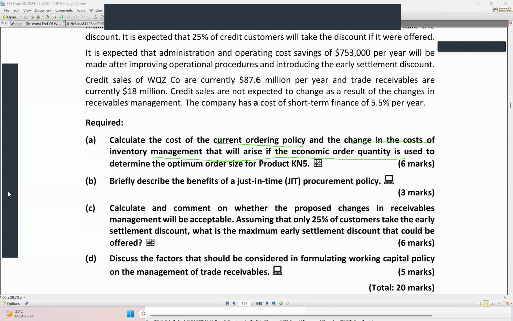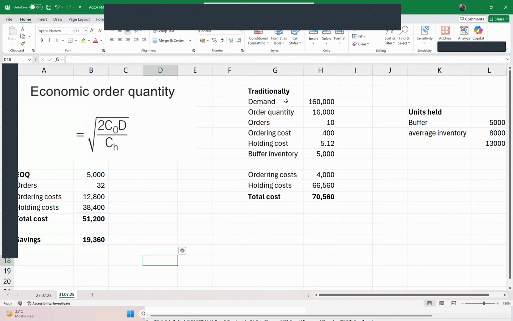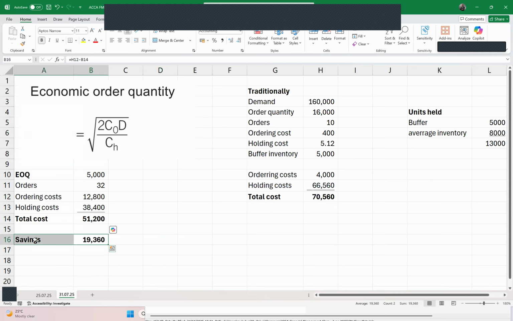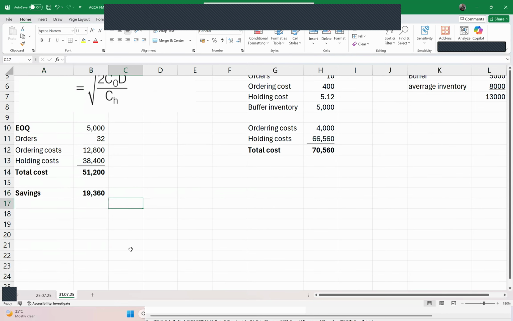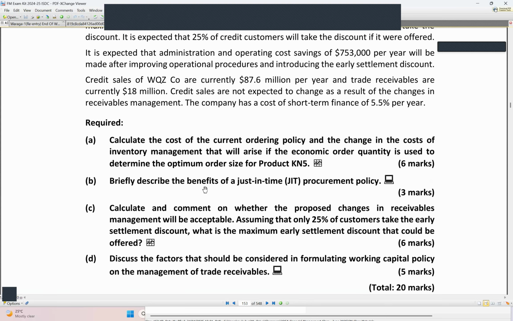So they want you to give them two things: the current cost, which is this one, and the change, or the savings, which is this one. So if you do this and you do EOQ and you don't give them the savings, you won't get the mark for the savings. You understand? So that is something that you should keep in mind.